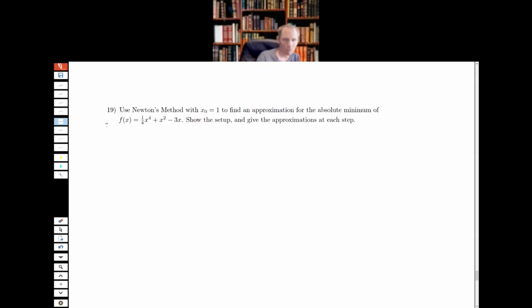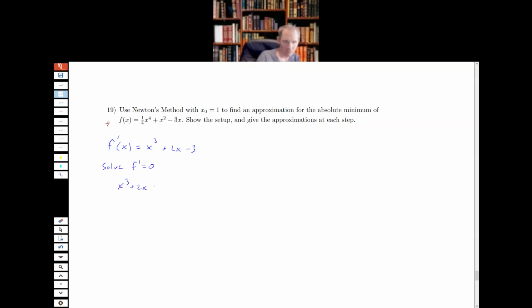So I want to find the minimum of this, and in order to do that, what I'm looking for is the critical points. So we look at f prime of x, 4 comes down, and I want to figure out where this derivative is equal to 0.